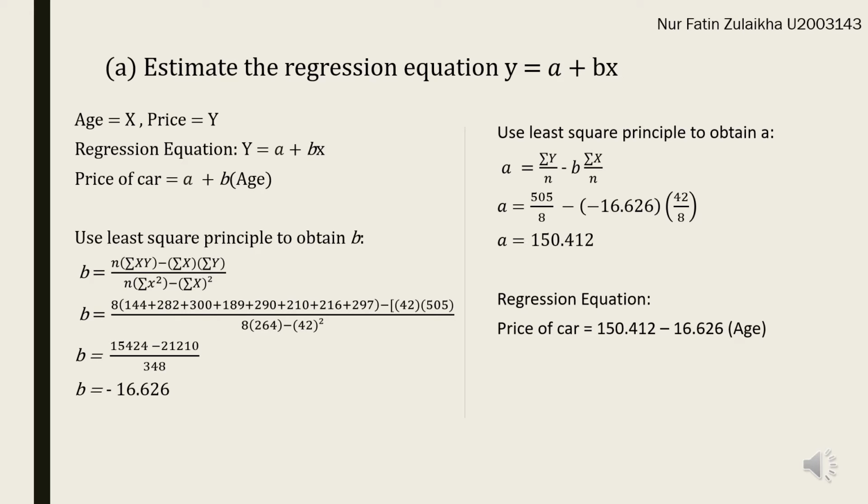You will need to use the least square principle to find the value, substitute into the formula, and you will get a equals 150.412. So in conclusion, the regression equation would be price of car equals 150.412 minus 16.626 multiplied by age.